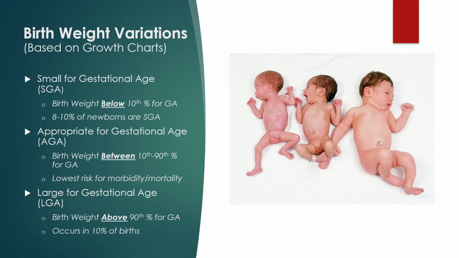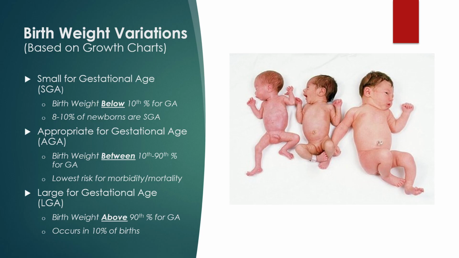Before birth, pregnant patients get ultrasounds to measure growth of the baby and determine if the fetus is on track with the expected size at the various gestational ages. But true measurements are unknown until birth. Ultrasounds have a margin for error, so while it's helpful, it's not always completely accurate.